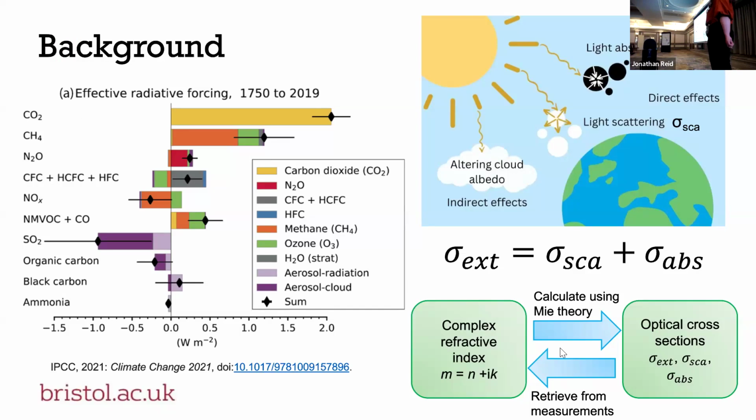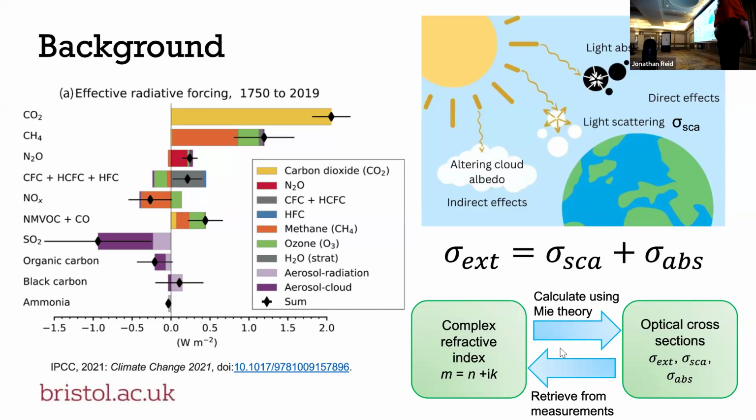So we can quantify aerosol optical properties using their cross sections, given the symbol sigma. So the extinction cross-section is the total amount of light removed by the aerosol particles, and that's the sum of the scattering and the absorption cross-sections, which is the amount of light removed by scattering and absorption processes. So we can calculate these optical cross-sections from the complex refractive index of a particle, given the symbol n.